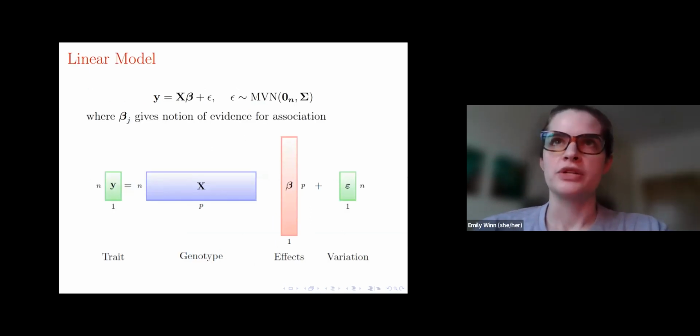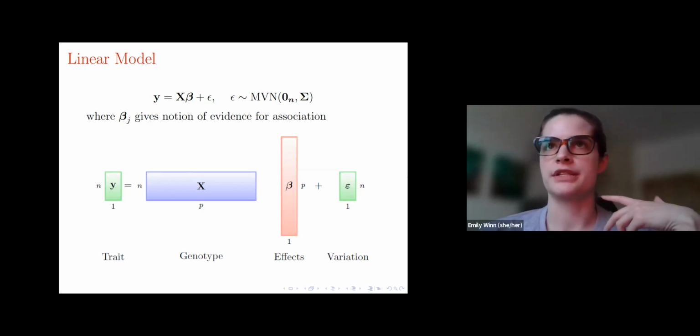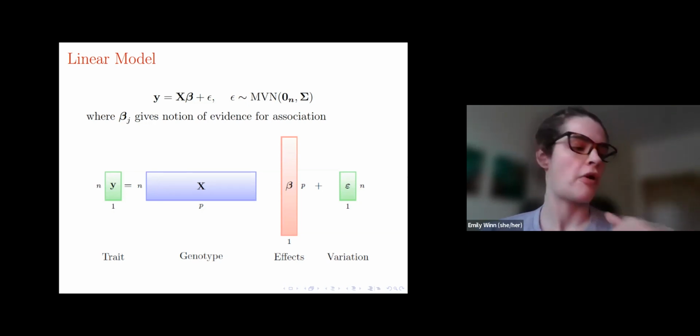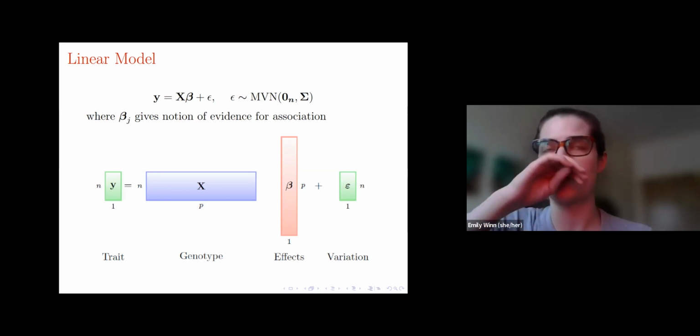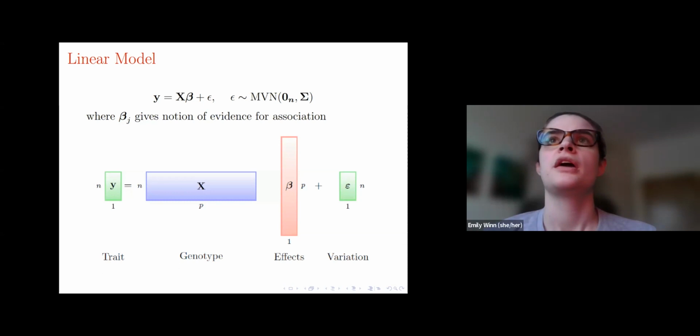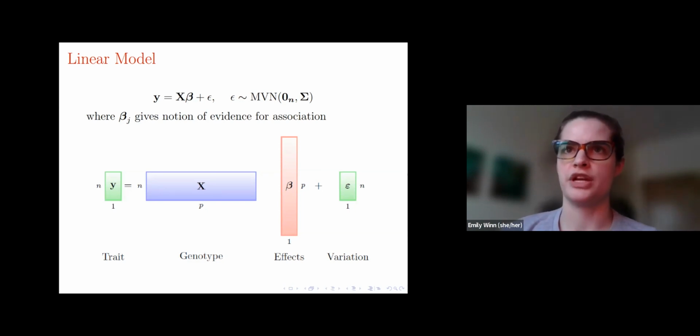And so the most traditional way to measure linear variation is through a linear model. So this is the basic setup that we know and love, where y equals x times beta plus epsilon. Epsilon is an error term coming from a multivariate normal distribution, and beta sub j gives a notion of evidence for association.